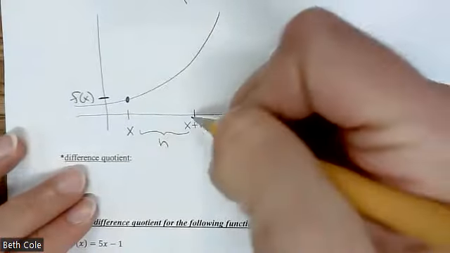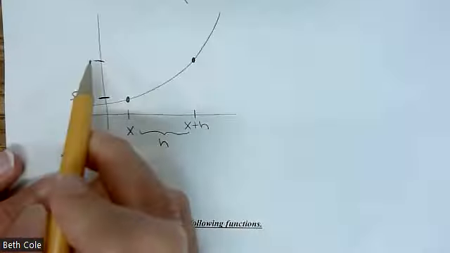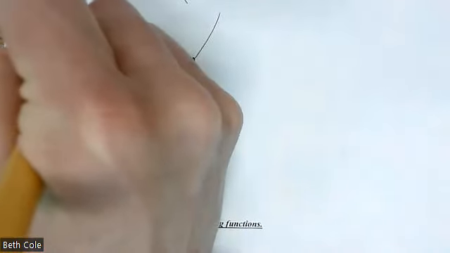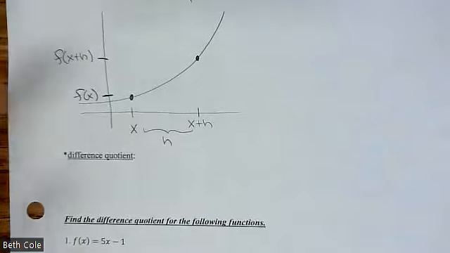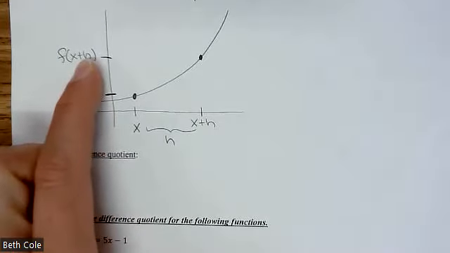So where that point meets the graph, what do you get back out? What's the output? Oh, good. Okay, that's usually the part that doesn't go well, but it sounds like you guys are okay with that. f of X plus H. So if you input X, you get back f of X. If you input X plus H, you get back f of X plus H.